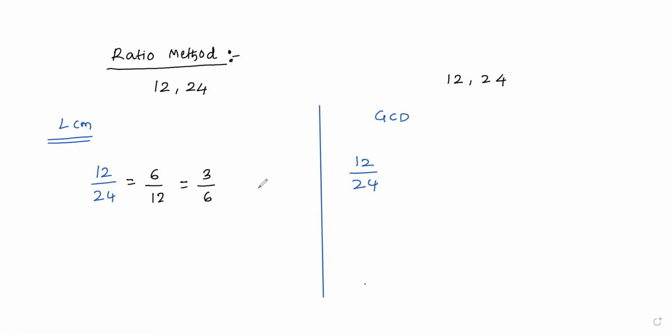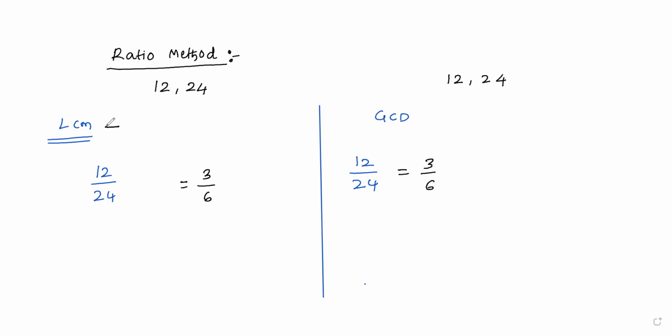After that, there is no common divisor between 3 and 6, so this is the simplest form. Every time we take the ratio, we want to express it in simplest form. Whatever in-between steps are there, you just remove them; we are not working with them. Here also we get 3 by 6.